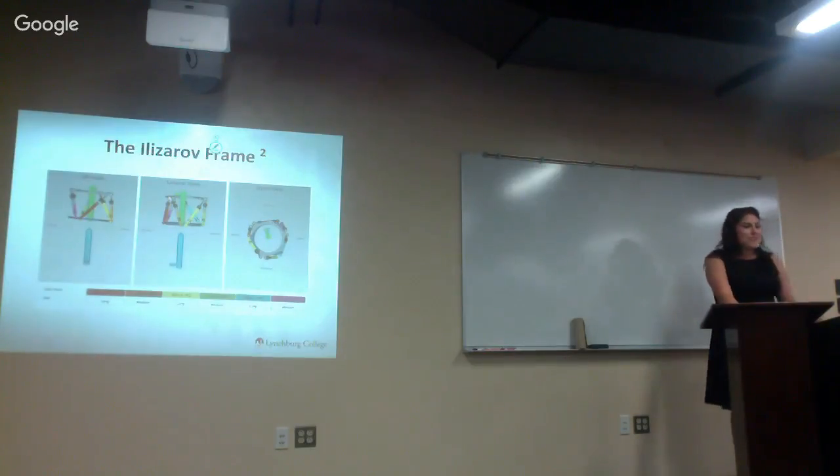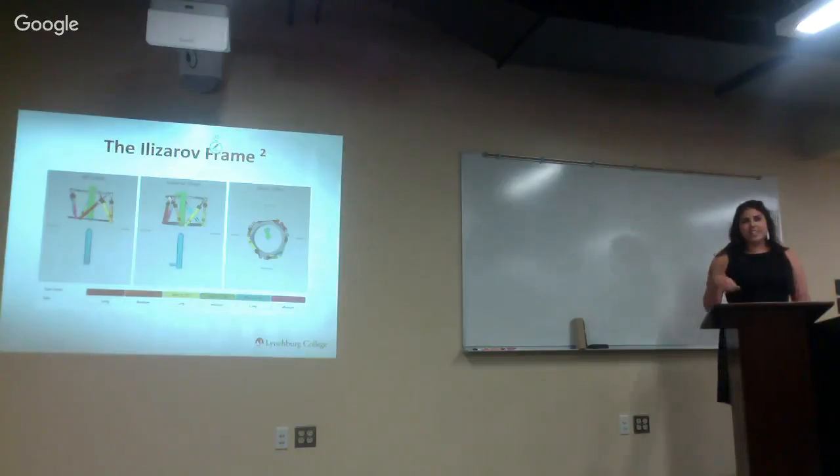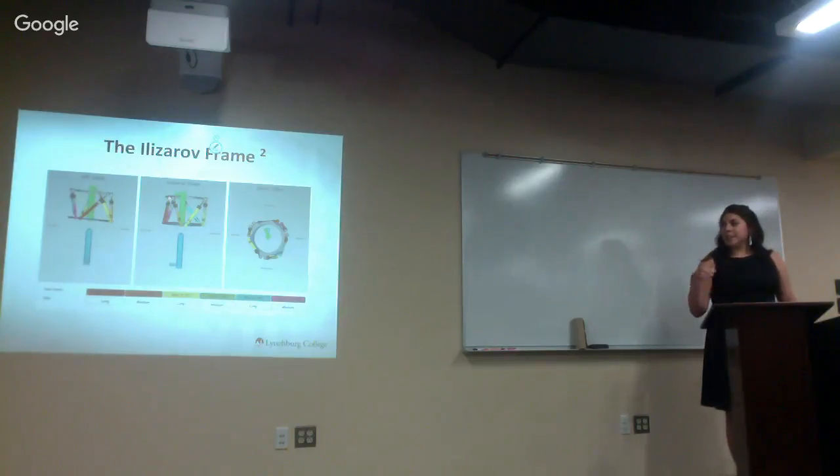So to explain that in a little bit of detail, the Ilizarov frame, this is a computer-generated image of it. Basically, the surgery they perform is they cut the bones, an osteotomy, and then they have two rings that they stabilize using 6 different struts, and then those struts are turned to lengthen the bone.